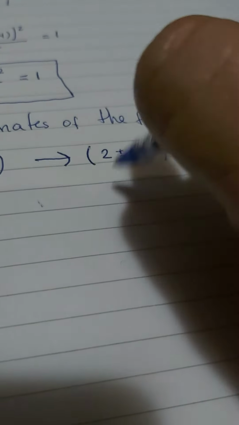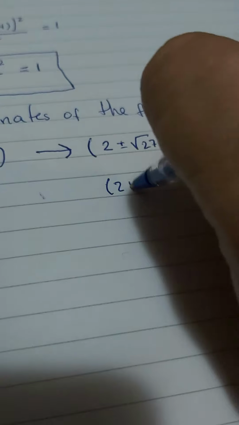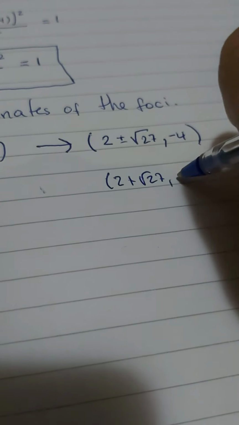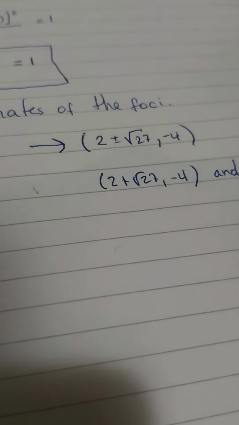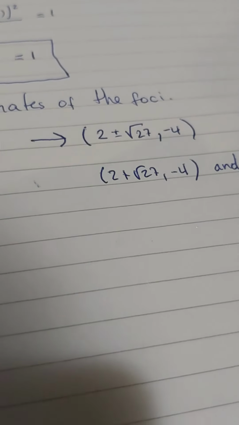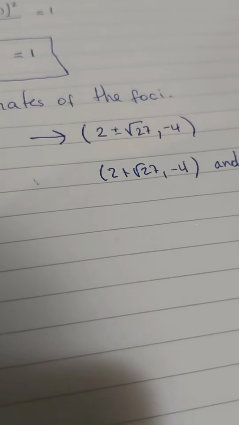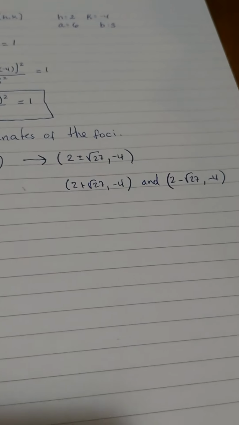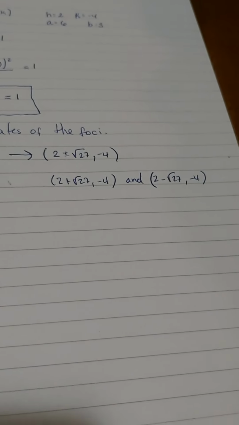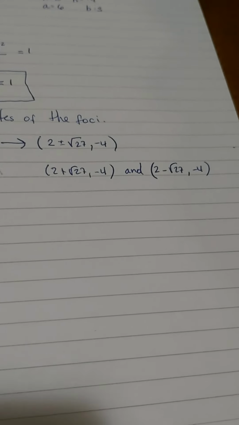That means the 2 points will be F1 at (2 plus square root of 27, -4), and F2 at (2 minus square root of 27, -4). So that will be the coordinates of the foci.